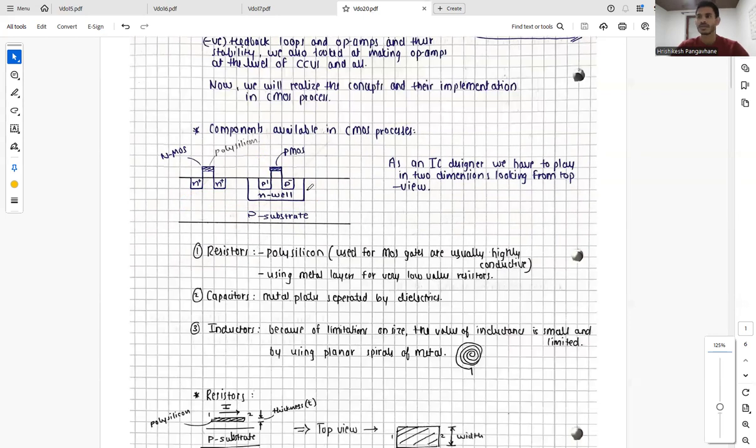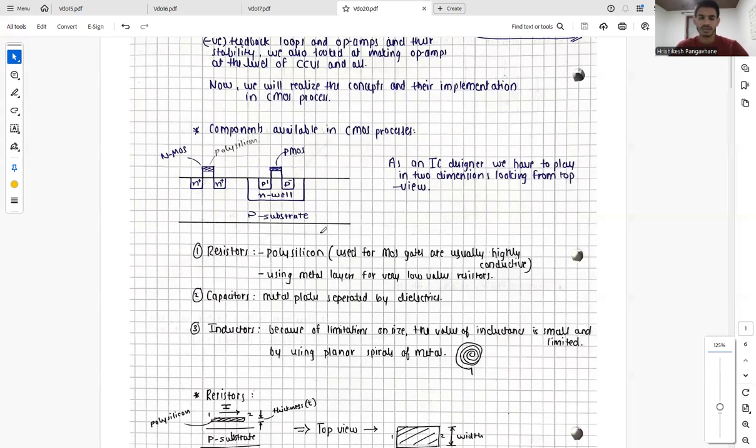Let's discuss it further. So we have resistors, and resistors are made of polysilicon layer, which is used for MOS gates, and which are usually of very high conductivity. And if we are using metal layers for very low value resistors, then it's possible to make highly conductive resistors.